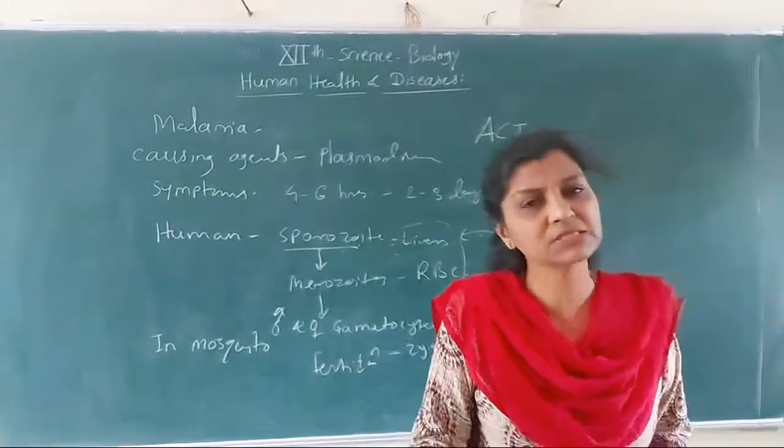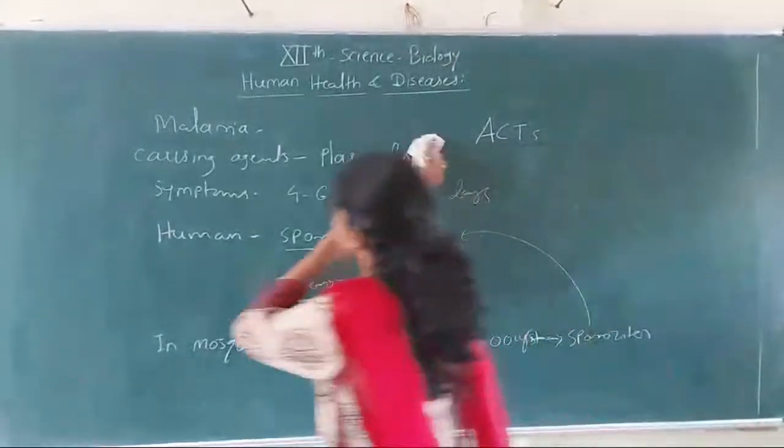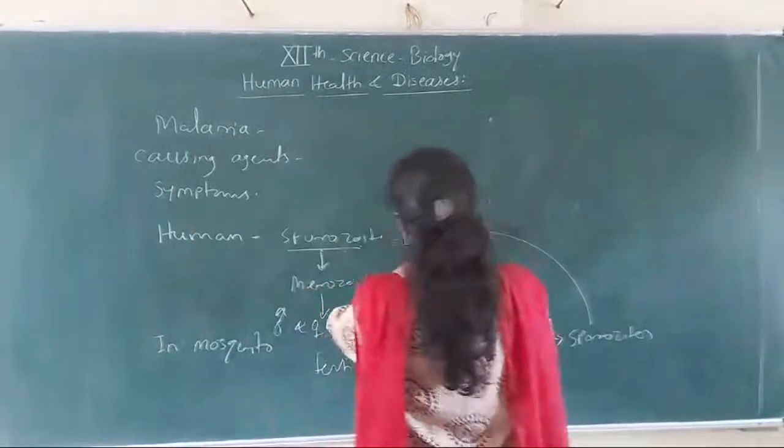Then second is amoebiasis. दूसरा जो disease आहे तो कुठला आहे? Amoebiasis, or it is also called as amoebic dysentery.